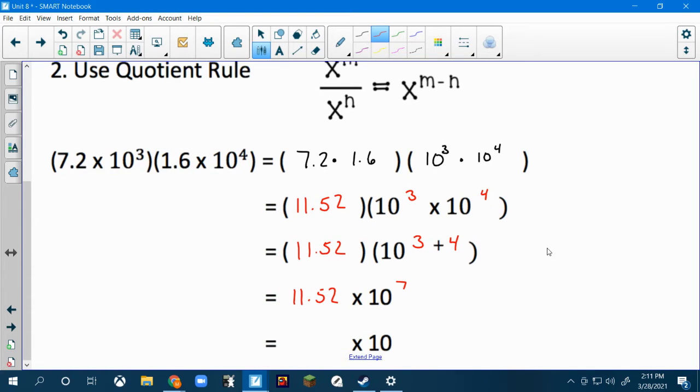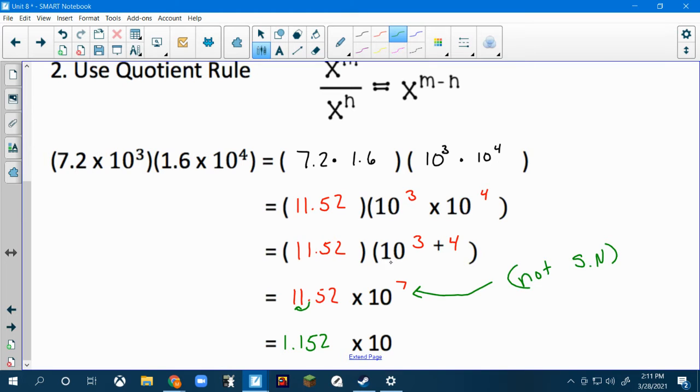That's not done yet because this part is not scientific notation. Why? Because we had to move this decimal place 1 over to get a number between 1 and 10. So we're going to change it to 1.152.